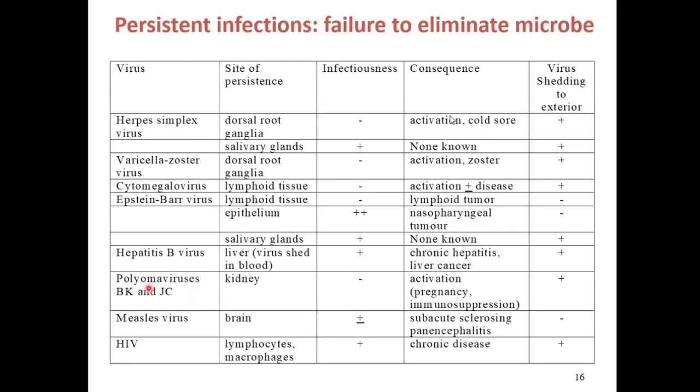We have polyoma viruses, which shed in the kidney. We have measles in the brain, causing SSPE. We have HIV, which persists in lymphocytes and macrophages, causing chronic disease, always infectious.